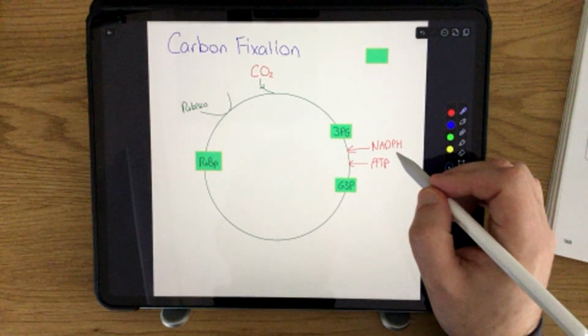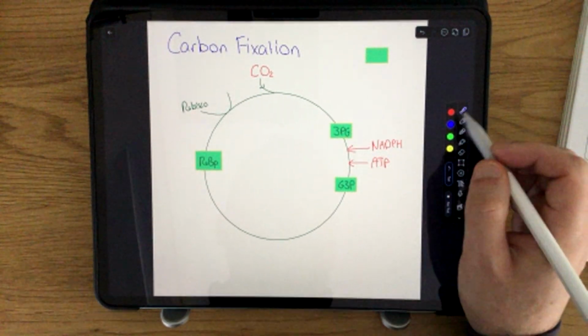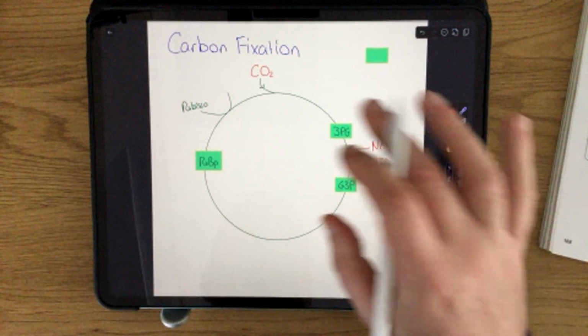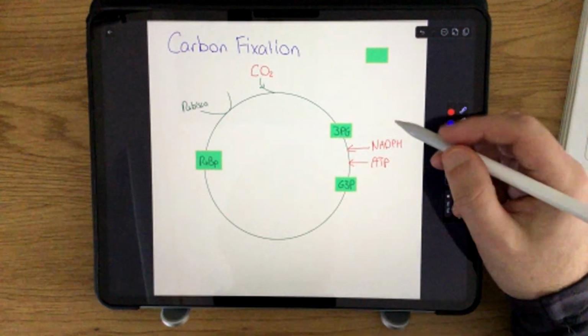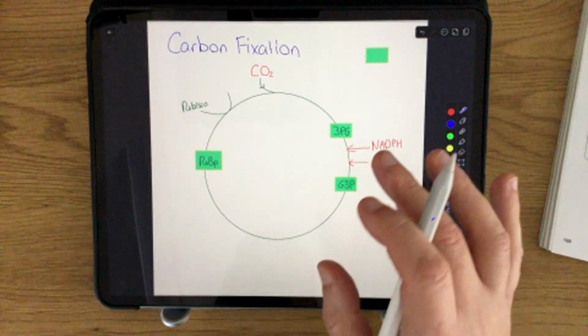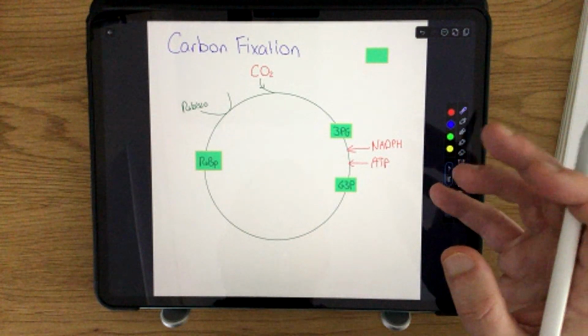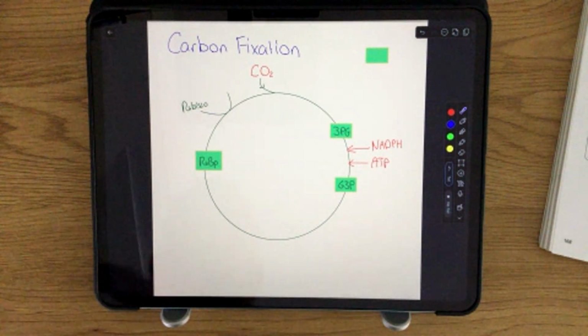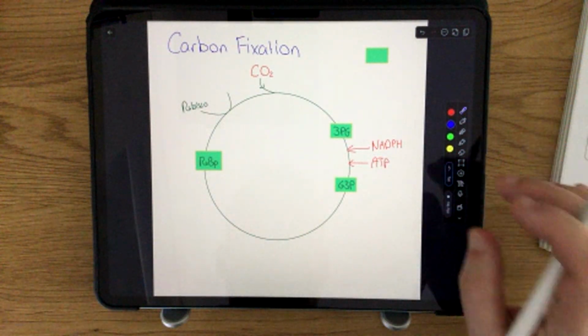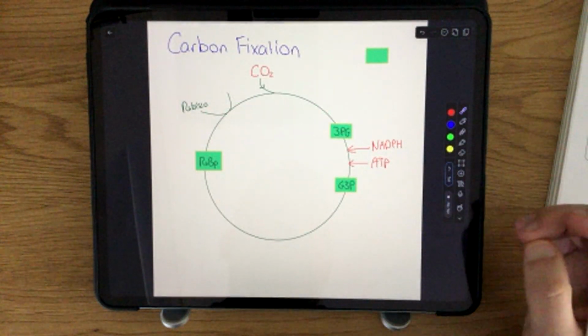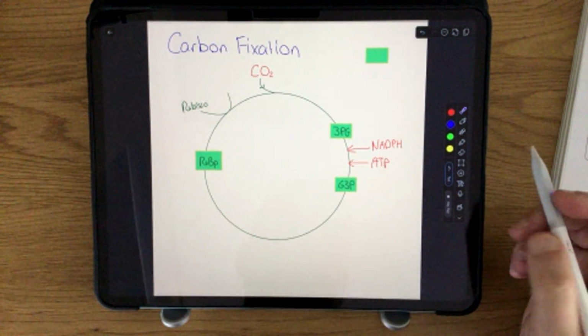Now, when the hydrogen here gets input into the cycle, it means that the NADP is no longer required, right? It doesn't become useless. What it can then do is it can go and pick up more hydrogens from photolysis, keeping the cycle going, right?